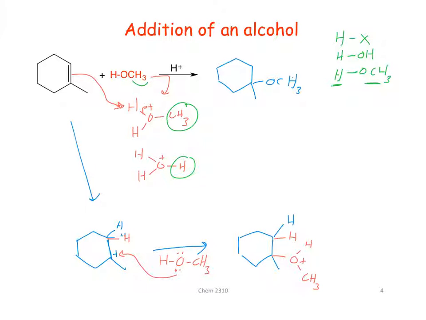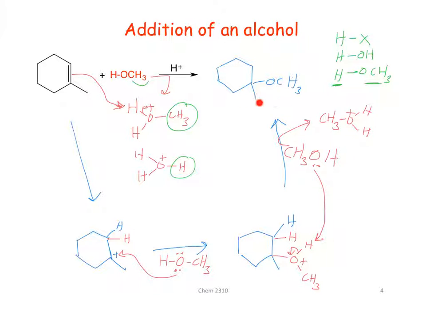It's an ion with the charge on the oxygen. And then what we have to do is deprotonate that to get to our product, right? And in this case, we can just use another alcohol molecule. This is going to come down. Acid-base chemistry, you're going to remove that proton. We get our product, and we form this protonated alcohol, right? And this can go back over here to react with another alkene.